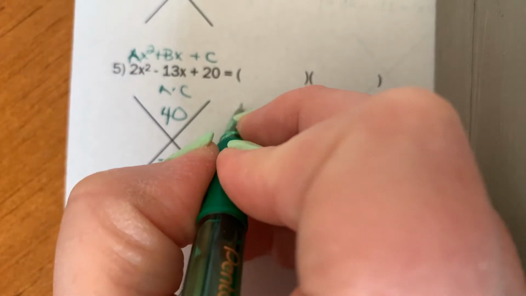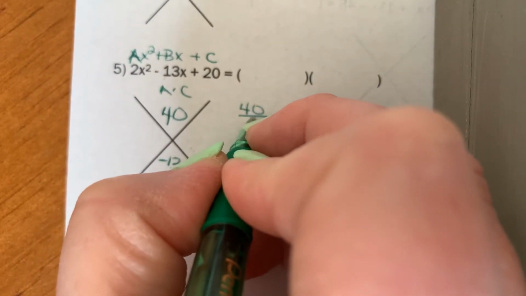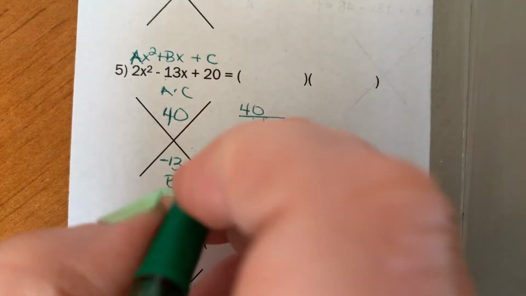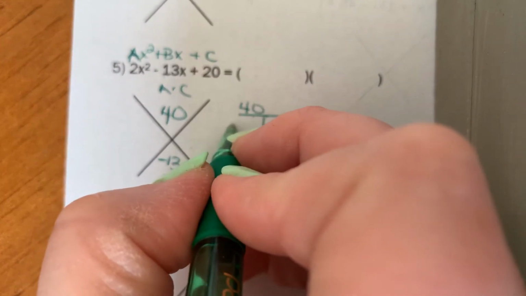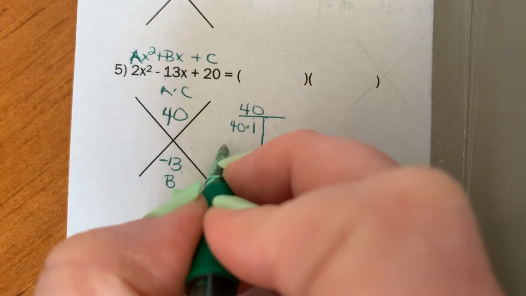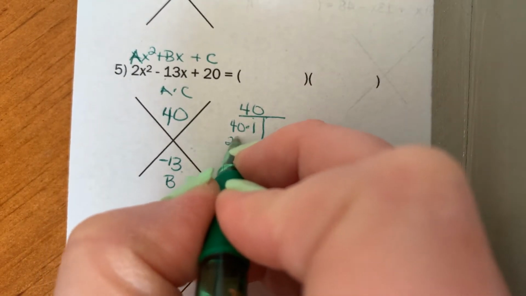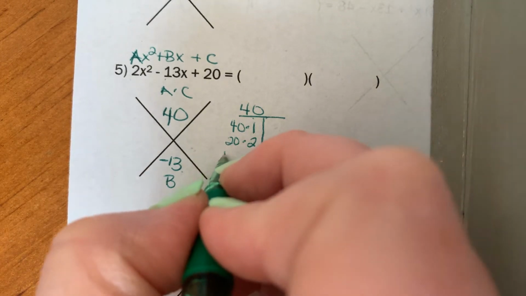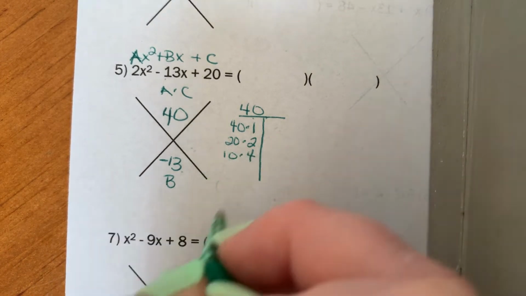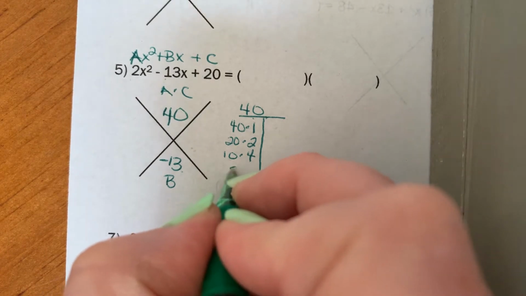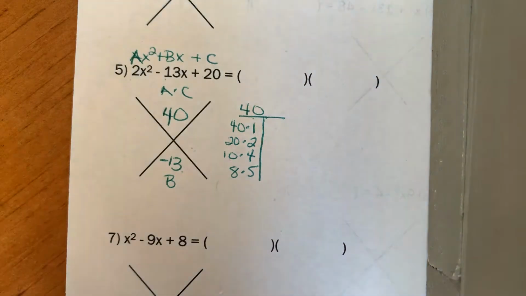So now we need the factors of 40, but when you add them, you get -13. So the ways that you can get 40 is by doing 40 and 1. You can do 20 and 2. You can do 10 and 4. You can do 8 and 5.